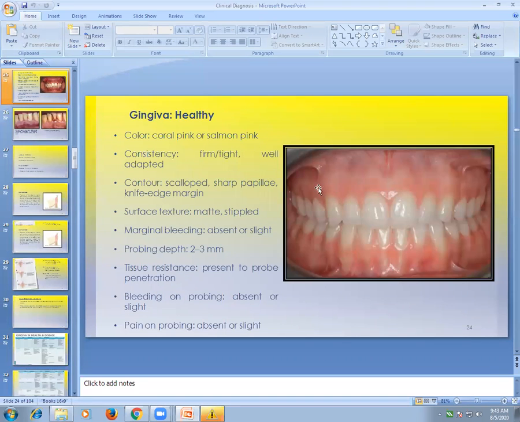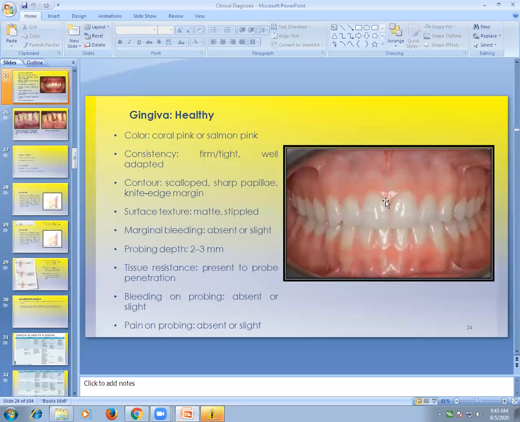In consistency, normal consistency is firm and resilient, tightly bound to the underlying periosteum or underlying structure. This consistency also changes because fluid sometimes accumulates in inflammation. At that time consistency becomes soft and edematous.